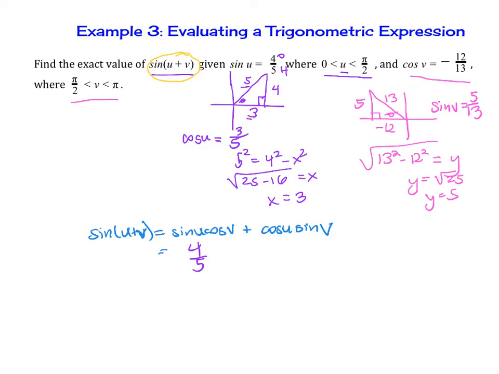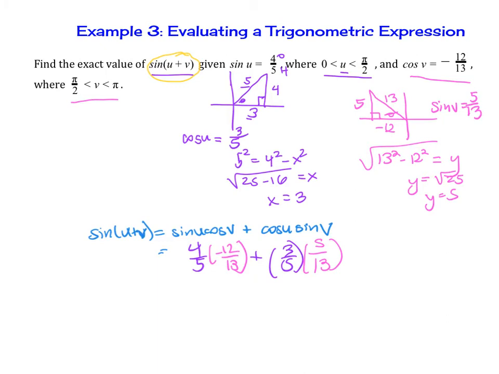Cosine v is negative 12 over 13, plus cosine of u, which is 3 over 5, times sine of v, which is 5 over 13.